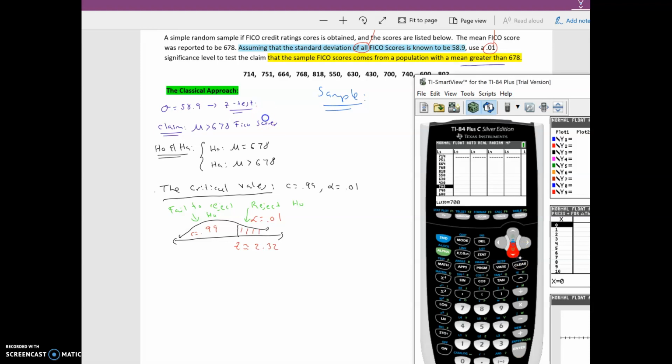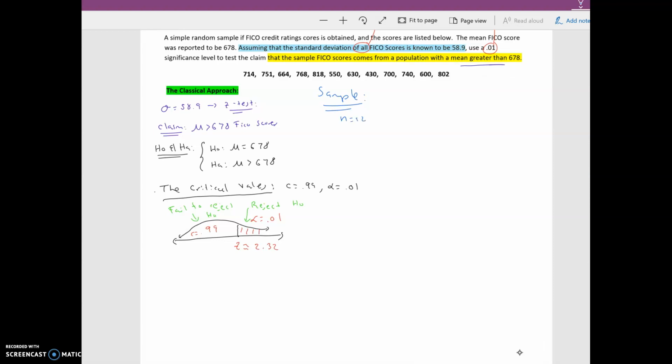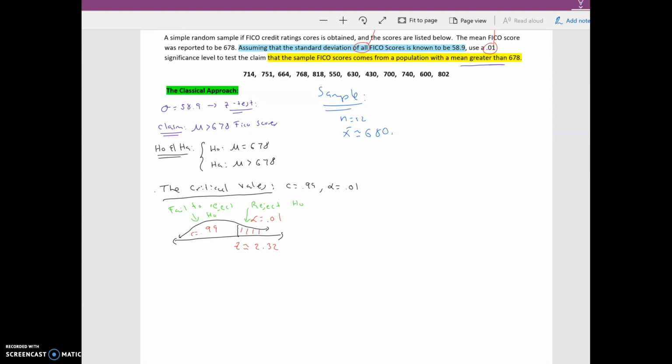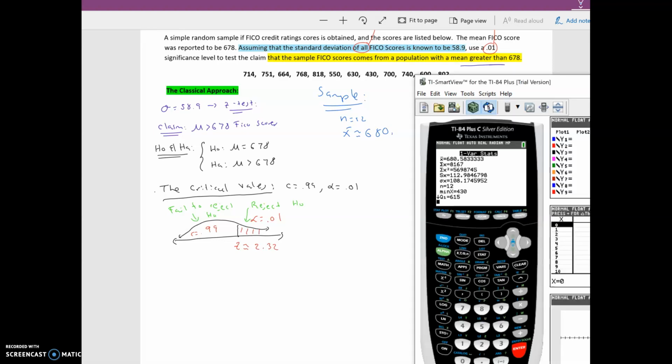The last value should be 802. So please run a one variable stats and see if you're matching with the results of the sample. We're looking at a total of 12 values, so n is equal to 12. The mean, let's round to 2 decimal places, is 680.58.